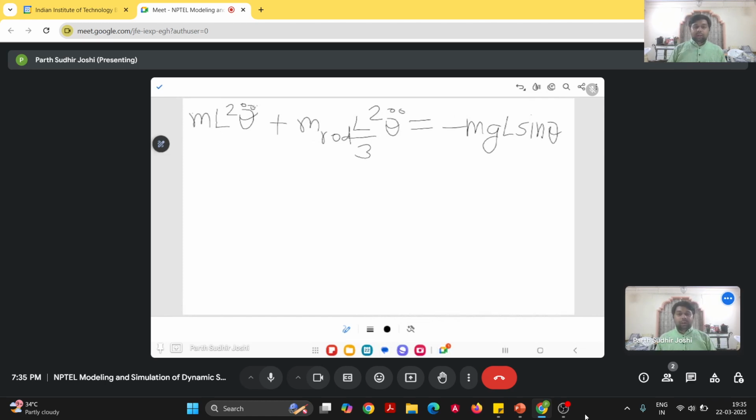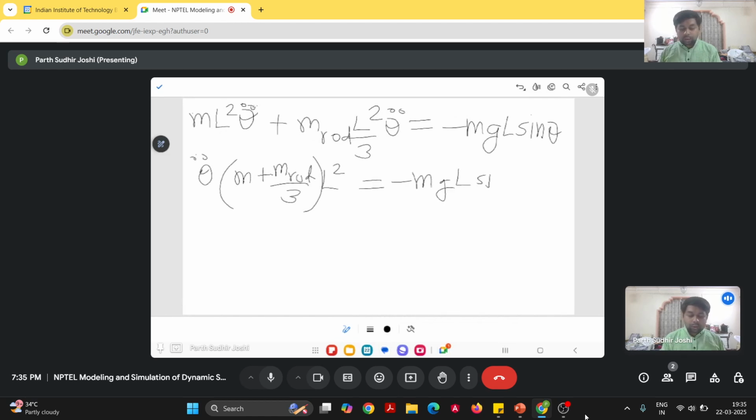This will be the equation of motion for the pendulum. We can rearrange the terms and write it as theta double dot into m plus the rod term, minus mgL sine theta.